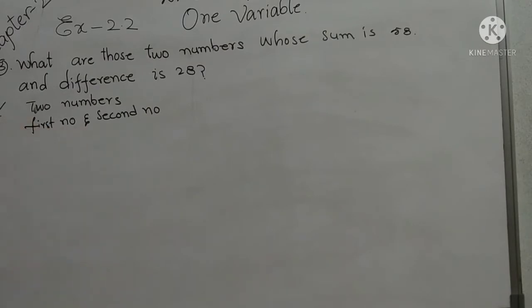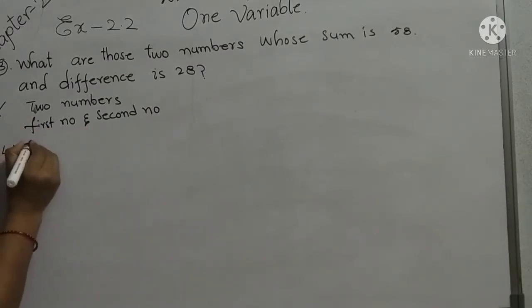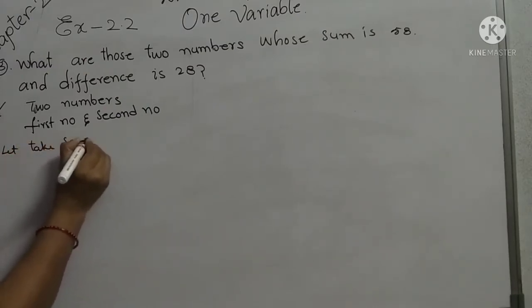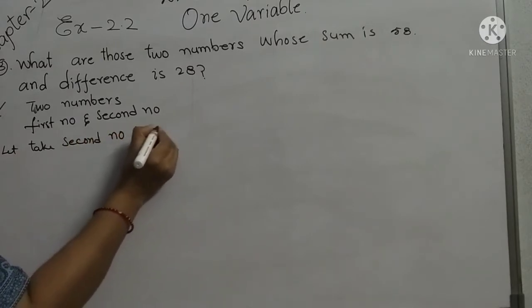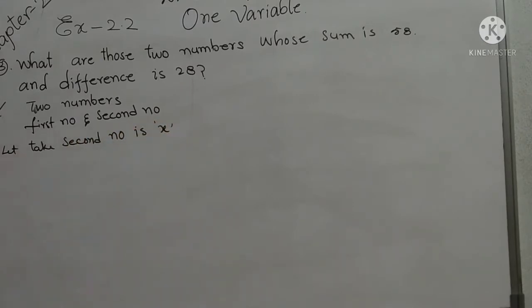Understand? Okay. So let us take the second number as x. Let us take the second number is x. Understand here?